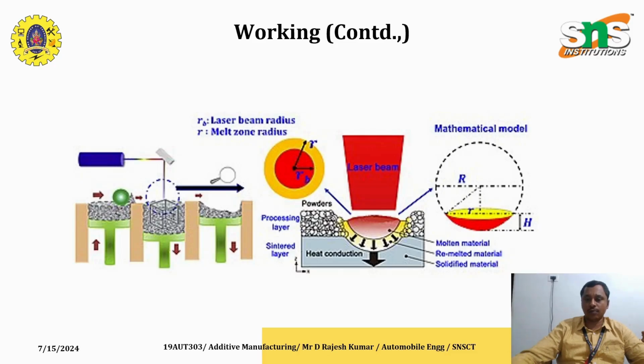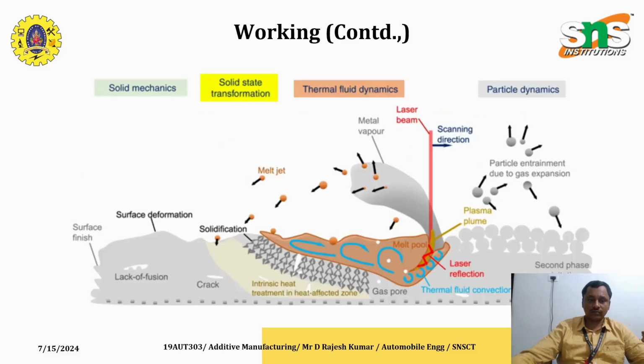So during this process, the material in the powder form is converted into a molten material, and it is melted. So later it is allowed for the solidification. So we can see the mechanics involved, that is from the solid state to the thermal fluid state.